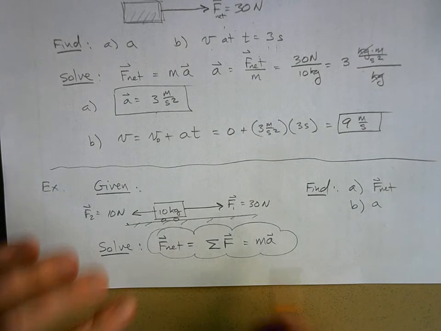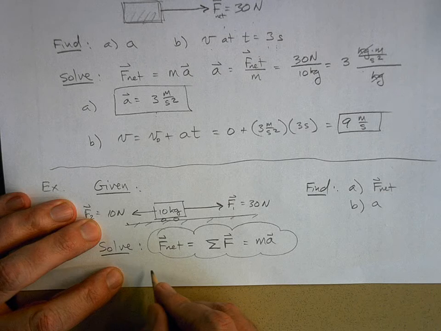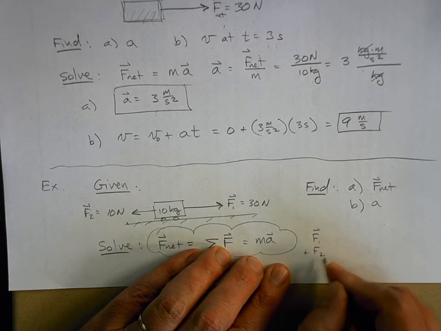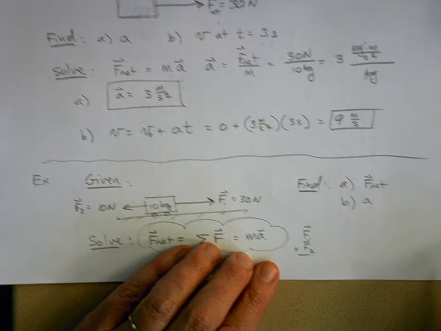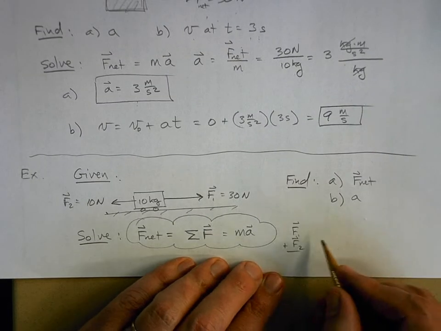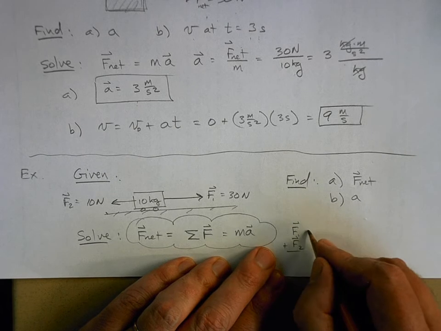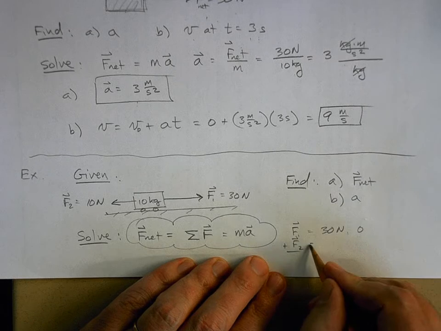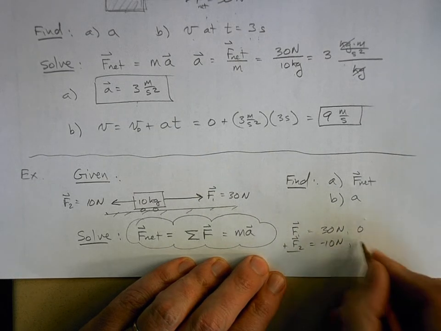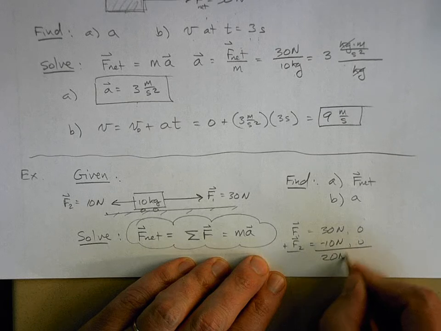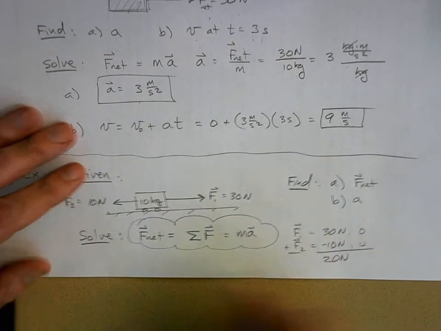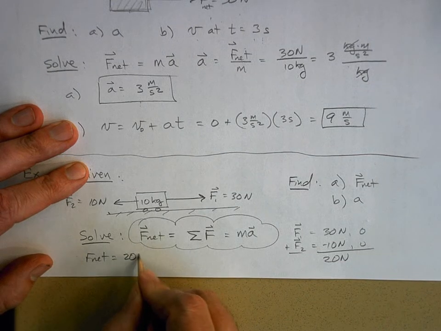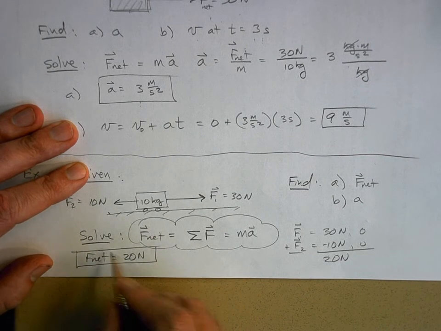So I will say the net force is F1 plus F2. It's vector addition. So that's going to be 30 newtons in the x, 0 in the y. We don't even really need to worry about y. And negative 10 newtons in the x and 0 in the y gives us 20 newtons in the x. So that's my net force, and we just say it's in the x direction.